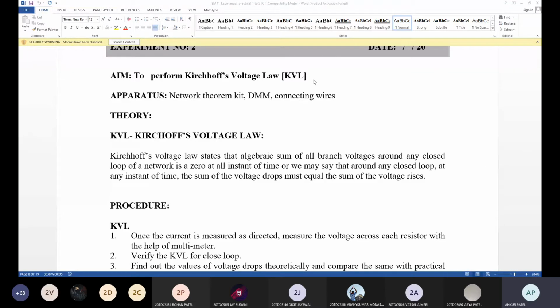I am just briefing what KVL and KCL are and how you can perform them on the practical kit. I will show the circuits and how to follow the path for connections today, and in tomorrow's or next week's lecture I will show the video of the connections.